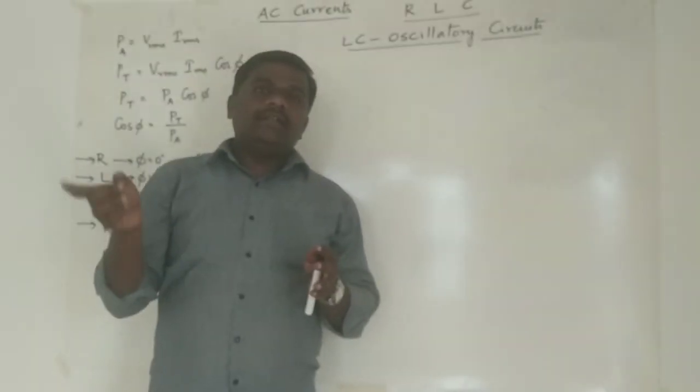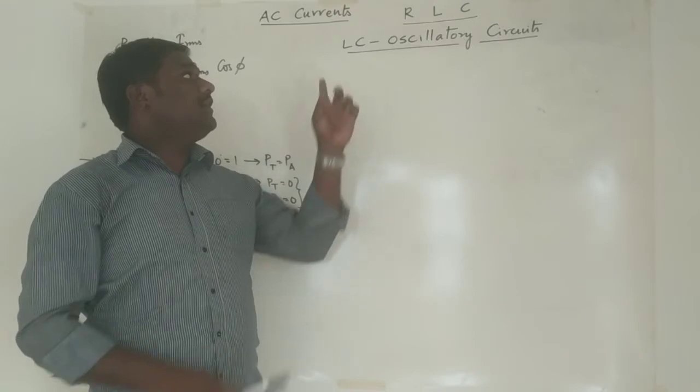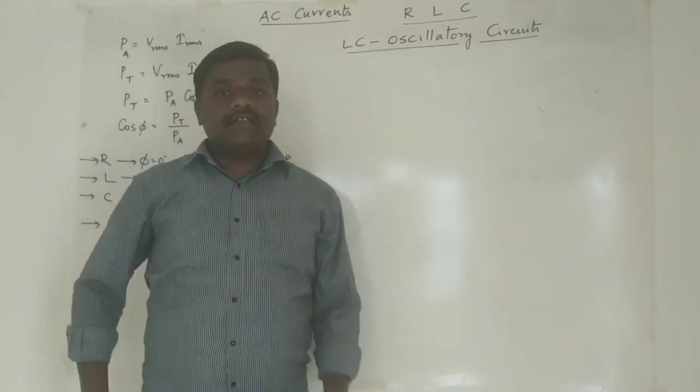So the power will move in the form of currents in a to and fro manner. It will not settle anywhere because of the energy density variations. Such current moves to and fro, producing oscillations in terms of electric currents. That's the reason why they are called LC oscillatory circuits.